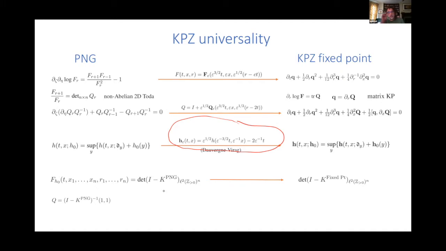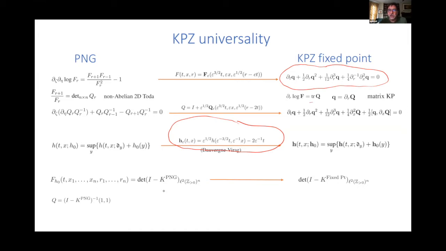There's an equation for the 1-point distributions, which is just the KP equation. So little q here is the derivative in R of the log of the 1-point distributions, and it's supposed to satisfy this equation, which is KP. For the multi-dimensional distributions, they're given by the traces of a matrix.